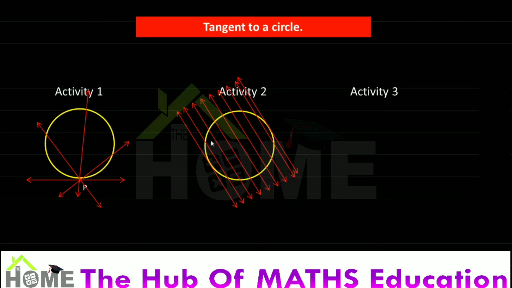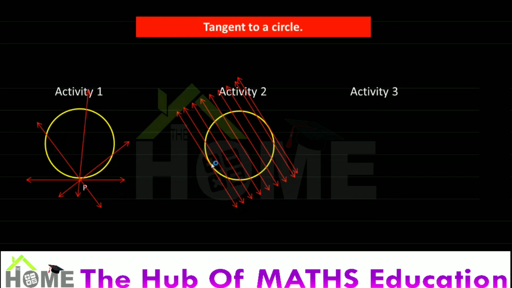It means that the two points of intersection of the lines with the circle come closer and closer as we are moving away from the center. Then a situation comes that the length of this chord becomes 0.